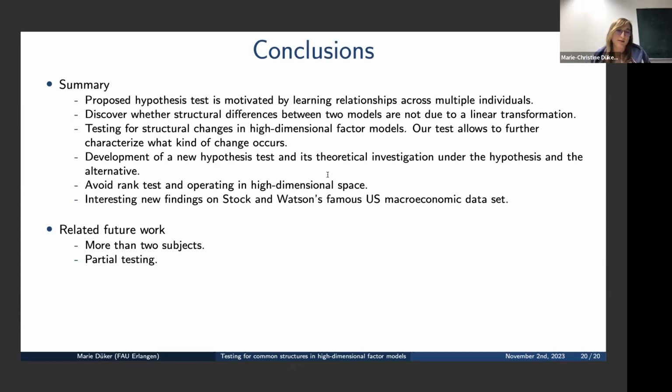Then there is partial testing, since our test very much relies on those projection matrices and the observational equivalence to changes in volatility. The question is, can we still find a way of doing partial testing based on the factors? And by partial testing, I mean finding out whether there are changes in the loadings, but only in a subset of column vectors.